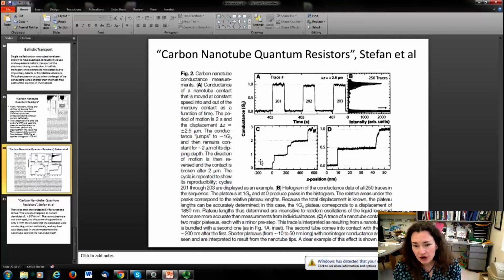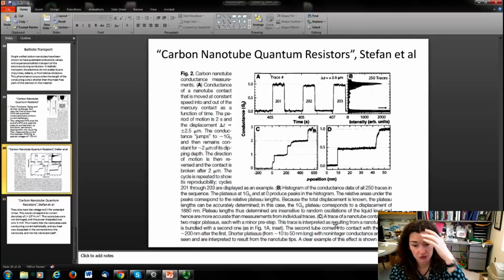Now here they show a number of traces, a histogram, and you can see that for 250 traces in their histogram, they have a very sharp histogram that peaks at 1 G naught. So that's plot B. Now here in plot C, this is a trace of the nanotube contact with 2 major plateaus. And this is when you have 2 nanotubes together.